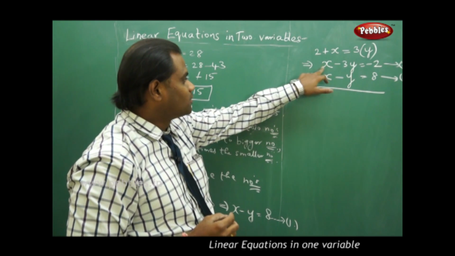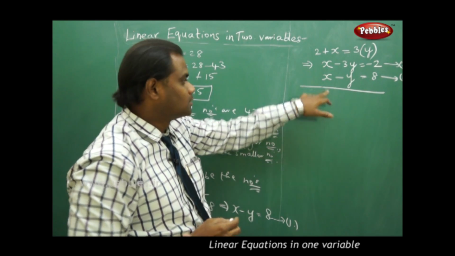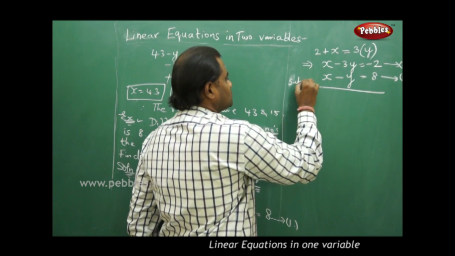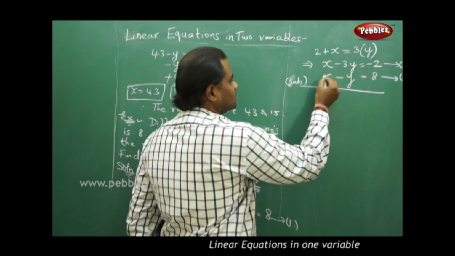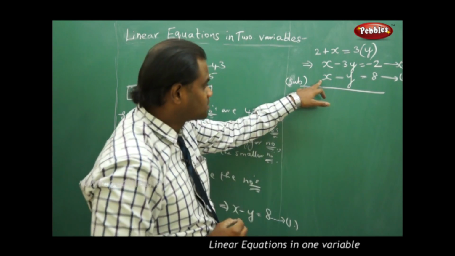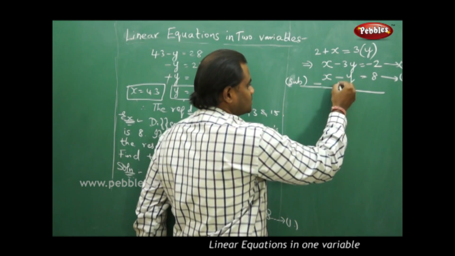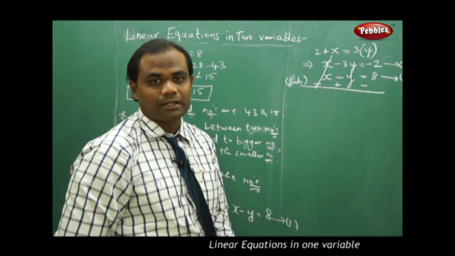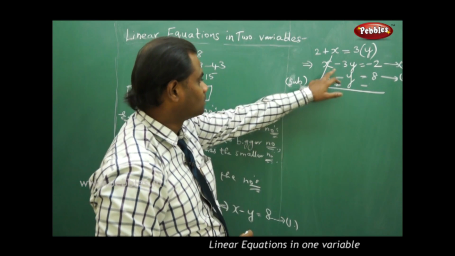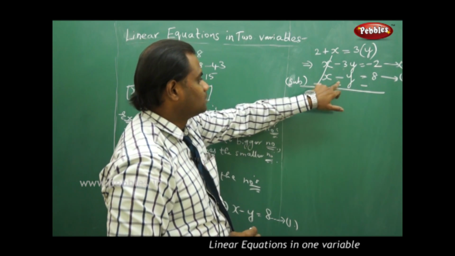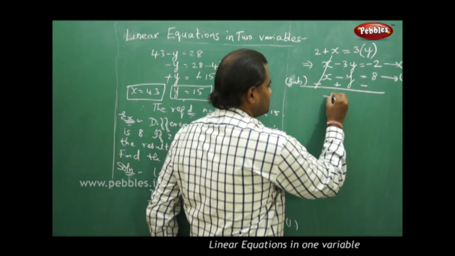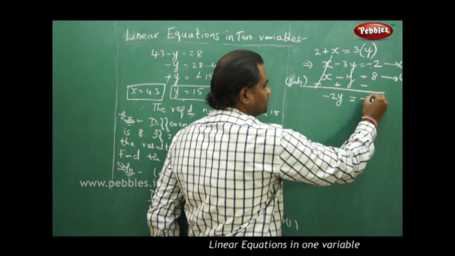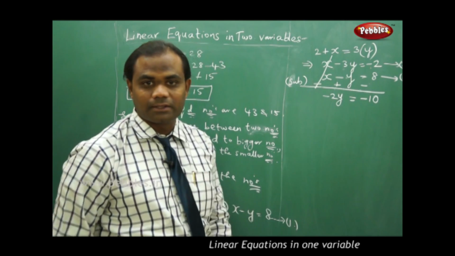Because the x coefficients are the same, I'm going to subtract and eliminate them. I want one of the variables to be eliminated, so I subtract. The subtraction gives me plus becomes minus, and minus becomes plus, so that this gets cancelled. Now minus 3y plus y gives me minus 2y, and minus 2 minus 8 gives me negative 10.